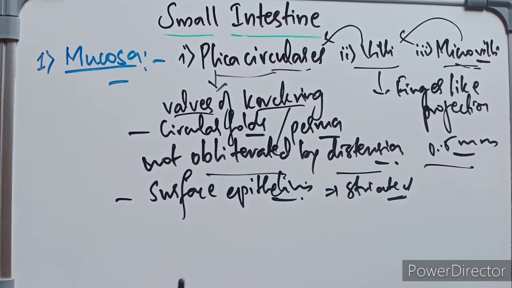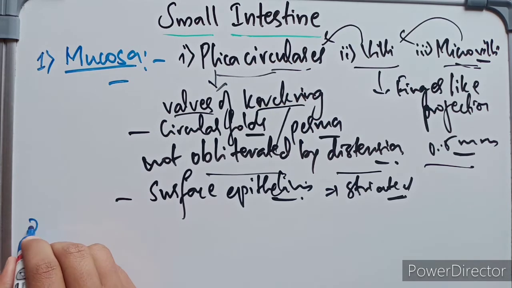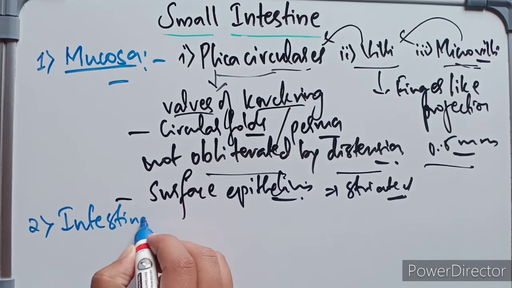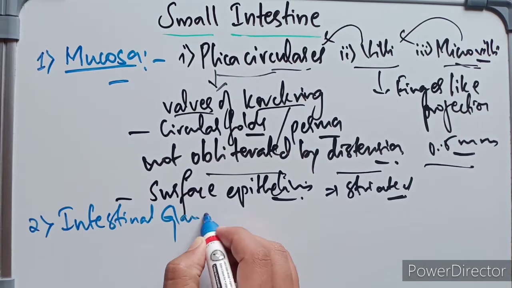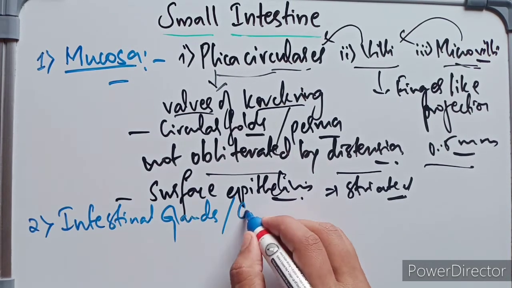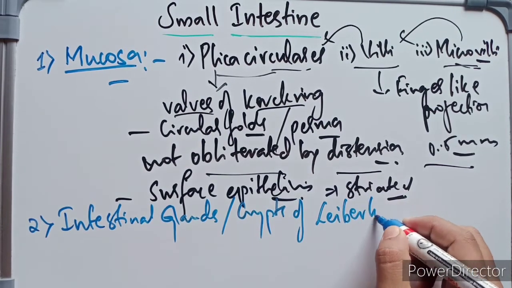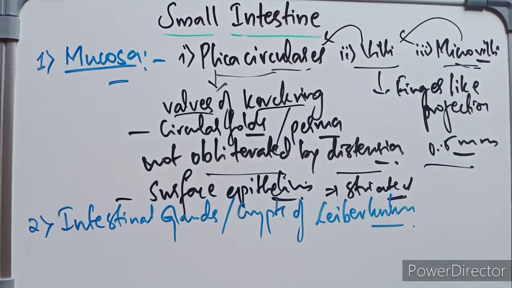So now we will discuss the intestinal glands, which are also called the crypts of Lieberkuhn.